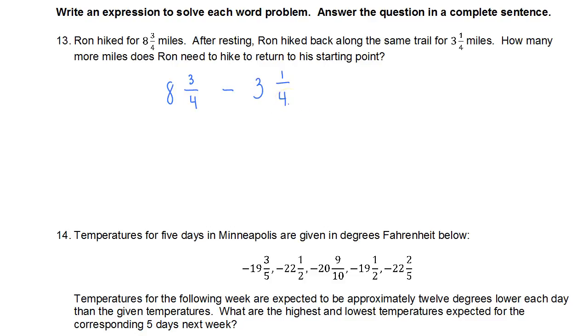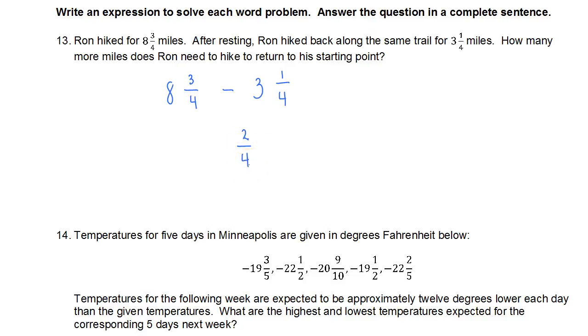Now, because the denominators are the same, I might leave these as mixed numbers. And if I leave them as mixed numbers, the first thing I want to do is subtract the fraction portion. So I want to think about 3/4 minus 1/4. Well, 3 minus 1 would be 2, so 2/4.